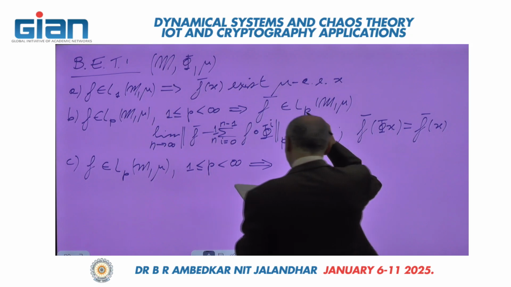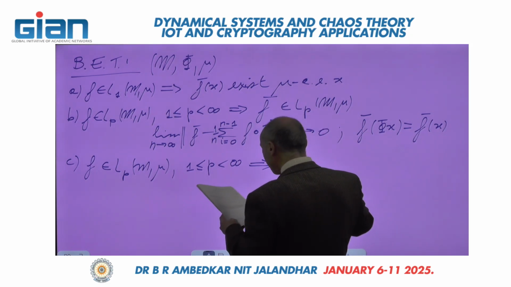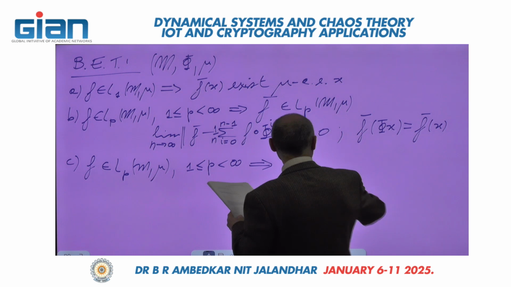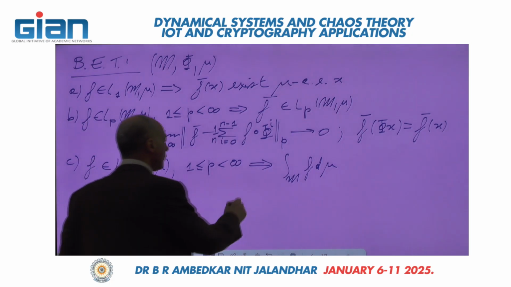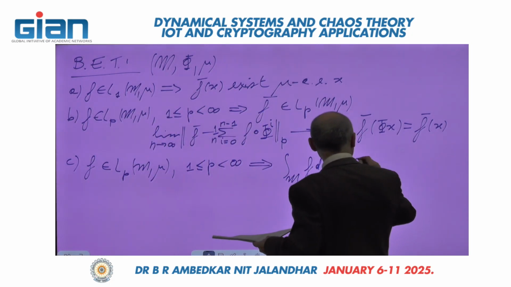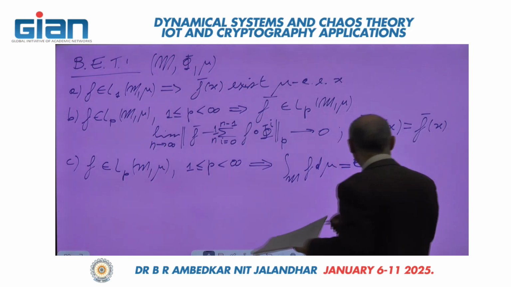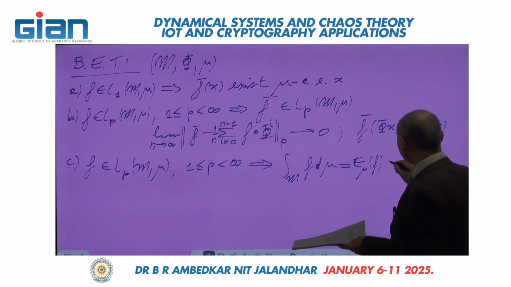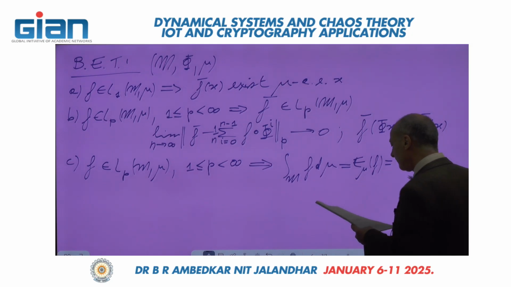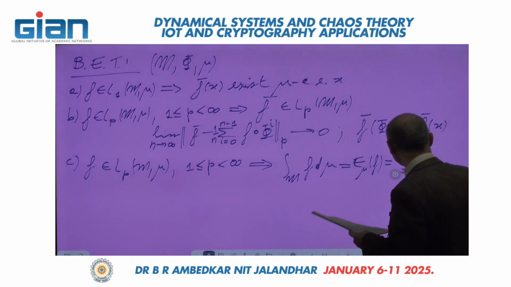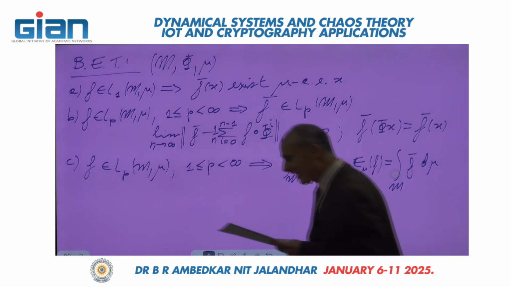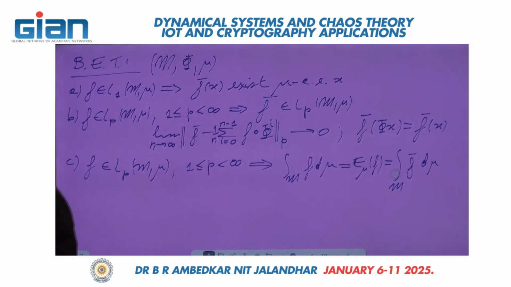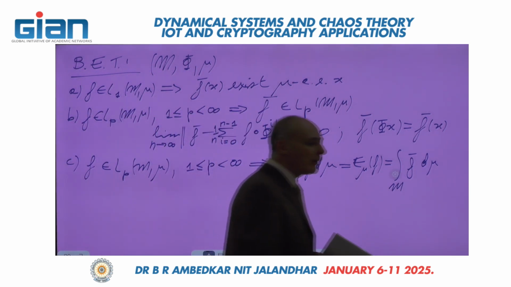Then what you have is that the phase space average, integral over M of f d mu, which is what I called the E mu of f, okay, is equal to the integral over M of f bar d mu, not equal to f bar. Okay?